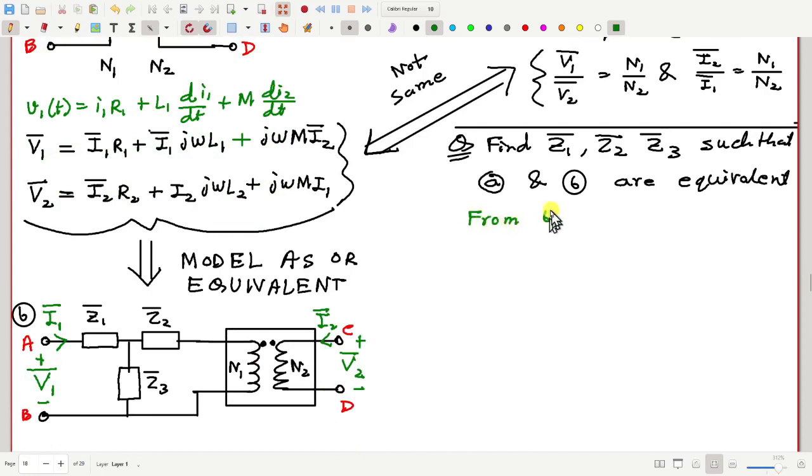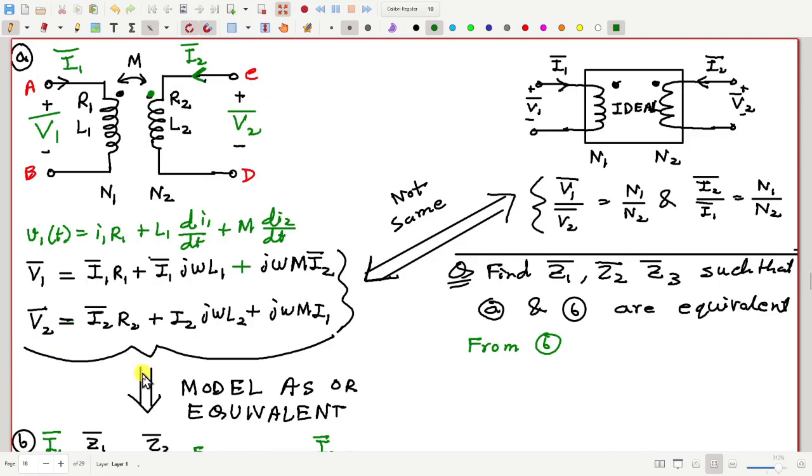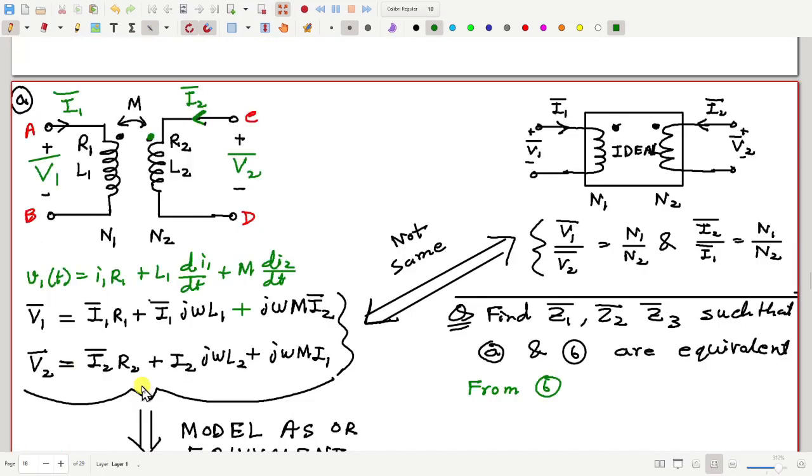Now for this second circuit, circuit B, what are the relations among V1, V2, I1 and I2? Before that, if I call these two terminals E and F, then... I have made one mistake here.